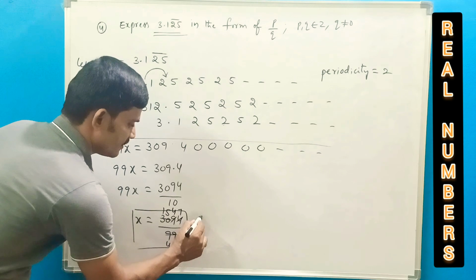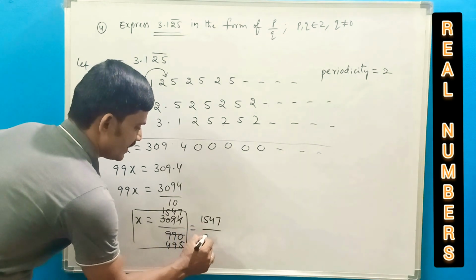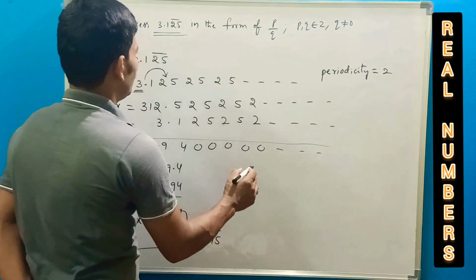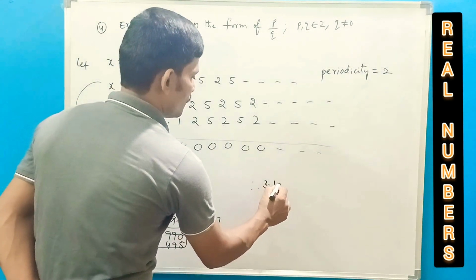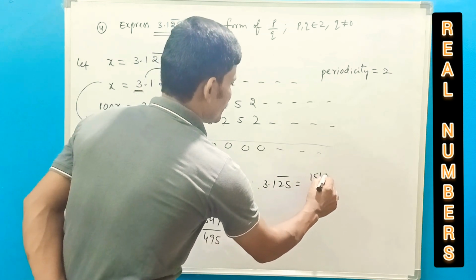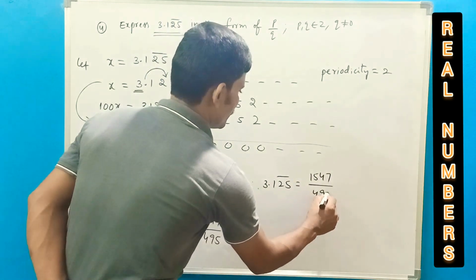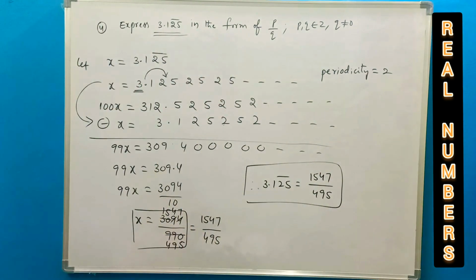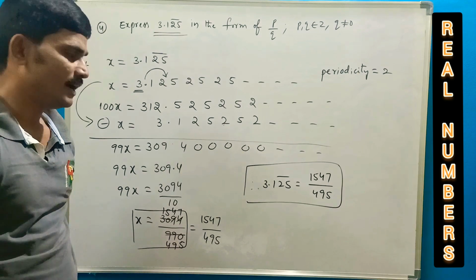So it becomes 1547 by 495. Therefore, the final conclusion: 3.125 bar is equal to 1547 by 495. This is your final answer. Okay, I hope you understand.